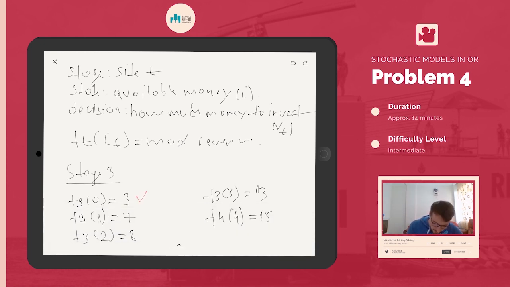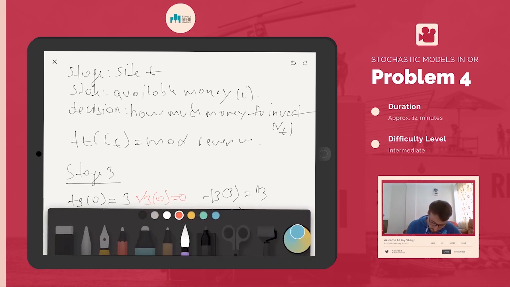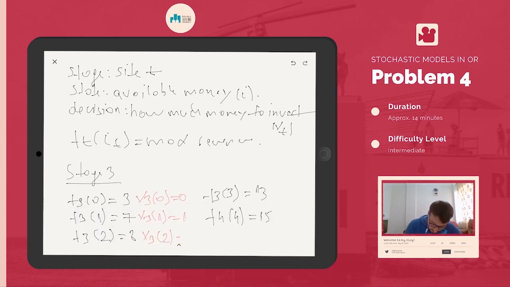So x3(0) will be invest 0 because you don't have more money. x3(1) will be invest $1 million. x3(2) will be invest 2. x3(3) will be invest 3, and x3(4) will be invest all 4 of it.